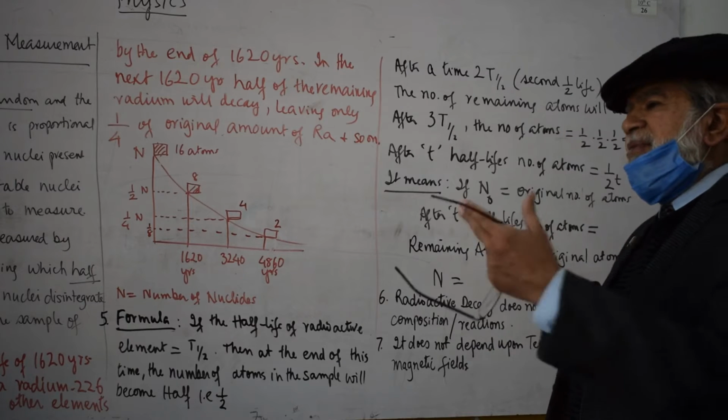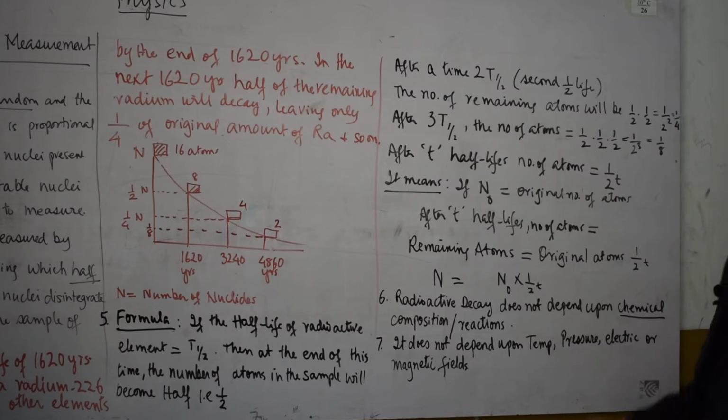After the second half-life, the number of remaining atoms will be 1/2 multiplied by 1/2, which is 1/2 squared, equal to 1/4. After 3 half-lives, the number of atoms will be 1/8. And after t half-lives, the number of atoms will be 1/2 to the exponent t.